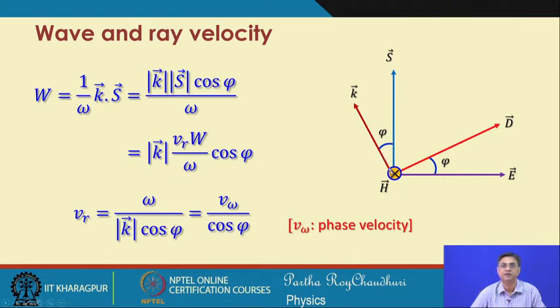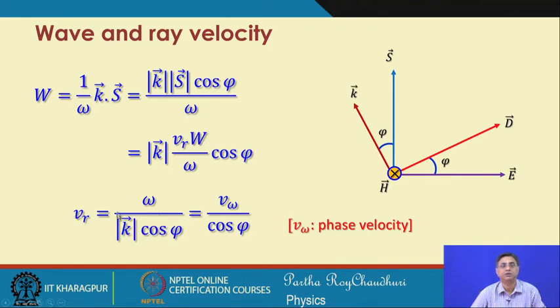So, the wave in general travels along this direction in an anisotropic medium, whereas the energy flow takes place along this direction. So, we can rewrite this equation: S cos phi will give you V r into omega into W by omega cosine phi, but this you can write in this form because V r omega will give you this 1 upon cosine phi.